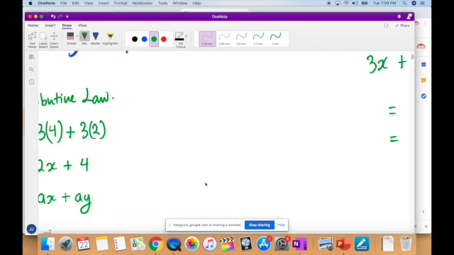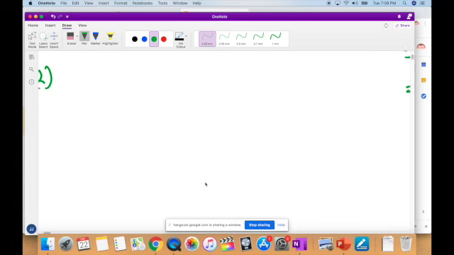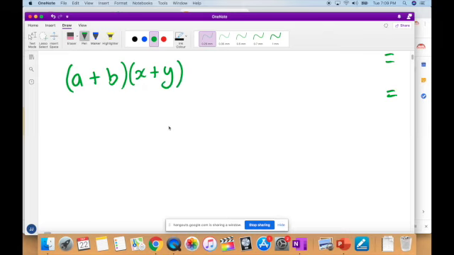But we have one other step again with the distributive law. Sometimes you will see two sets of brackets like this. A plus b multiply by x plus y. What does this give me? What does this mean?